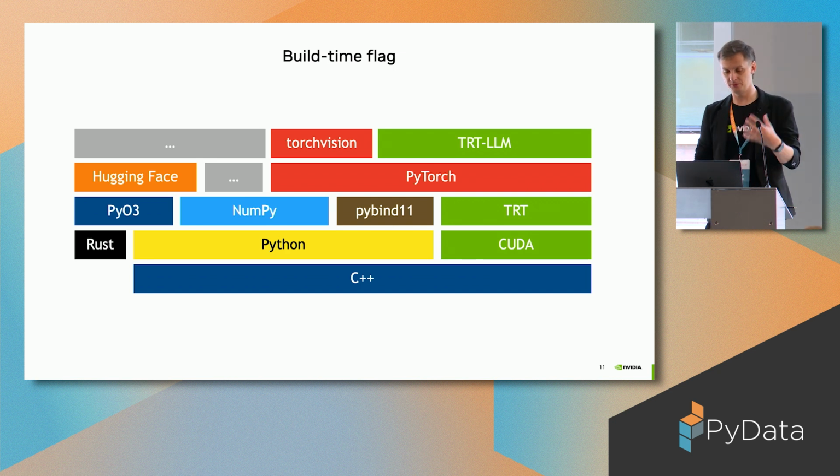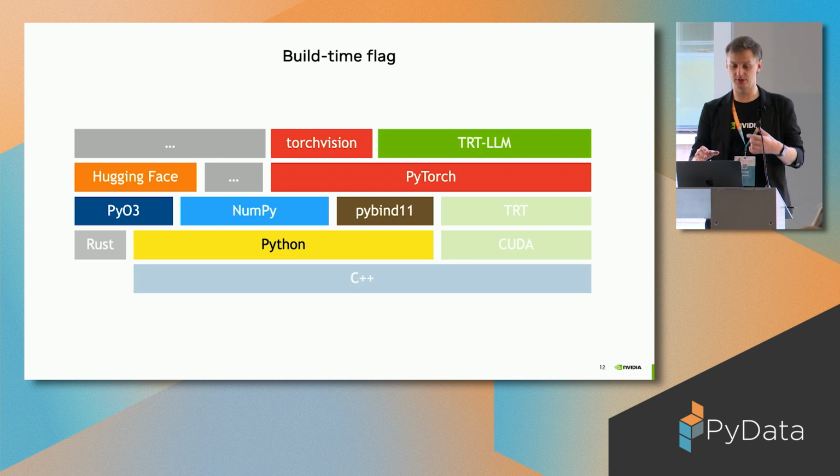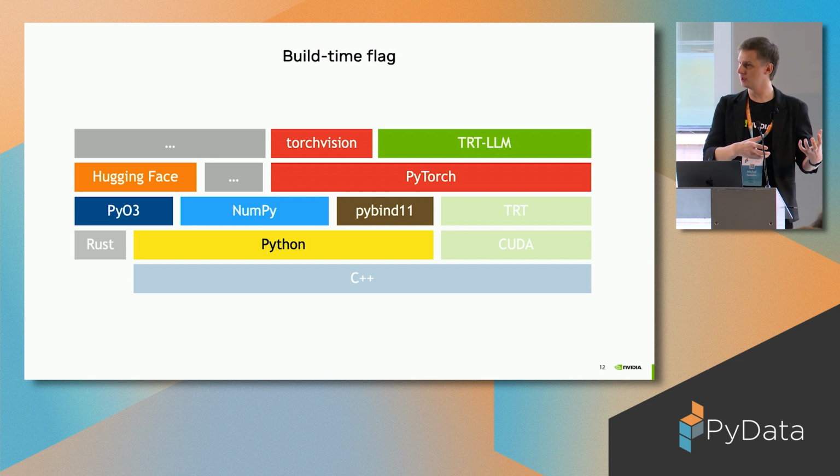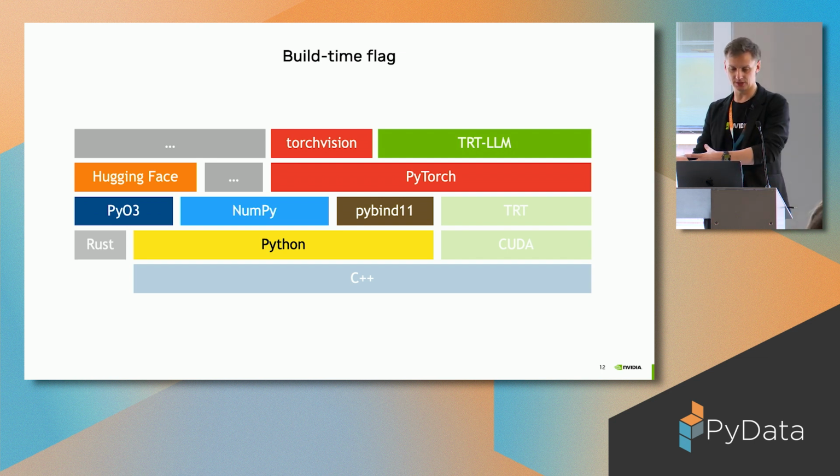If we rebuild one of the components of the software stack, like Python in this case, because we are rebuilding CPython from Python with the GIL to Python without the GIL, we need to also rebuild all the things above this particular component, which is challenging. So imagine the situation that we introduced free-threaded Python in October last year.